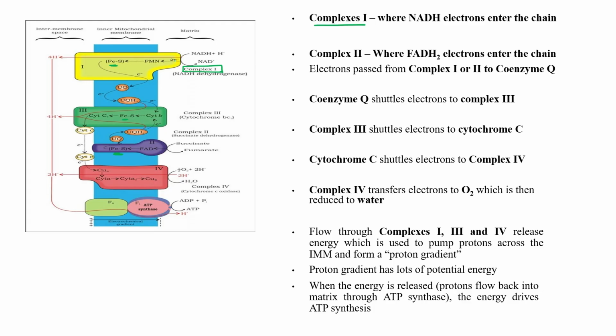Electrons first move from FMN, flavin mononucleotide, to ubiquinone, which goes from ubiquinone to ubiquinol form, and then to the third complex, the cytochrome bc1 complex. Both complex 2 and complex 1 push their electrons through ubiquinone to complex 3, where the mobile electron carrier, cytochrome c, collects all the electrons from complex 3 and passes them to complex 4.